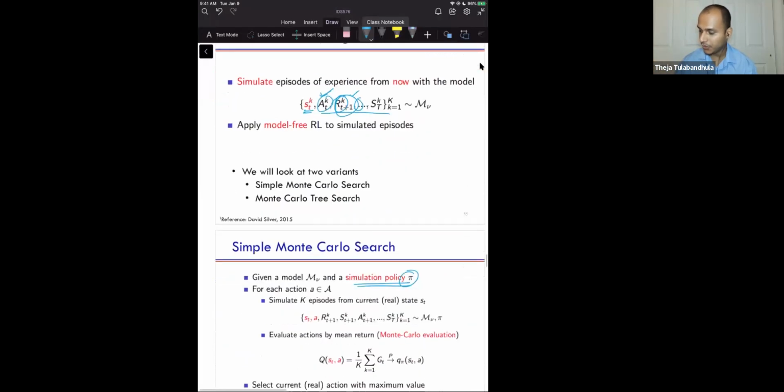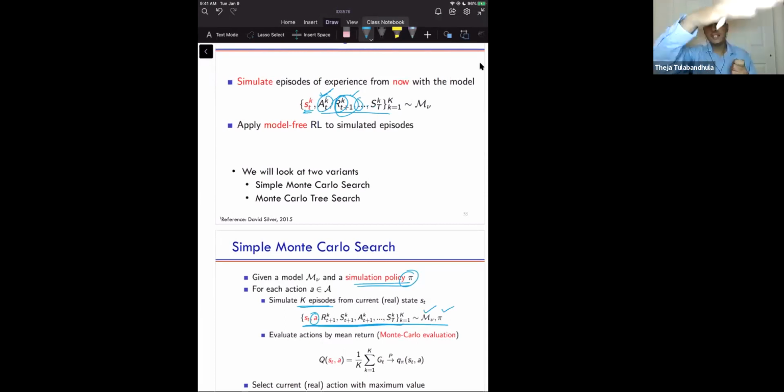Okay, so using the simulation policy, you can get a trajectory of the search tree, given this policy and the MDP, or basically the environment. And you can do that for each action. So for each action, you can get k episodes. Just think of I'm in the starting state ST, I take the first, I have let's say 3 actions.